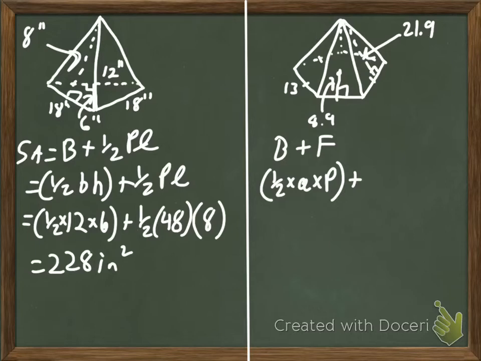Now the nice thing about these faces is that since the base is equilateral, all the faces are going to be the same area, equal area. So we got to figure out how many faces there are. Well, there are 5 faces, and then we're going to multiply that by the shape that they are.